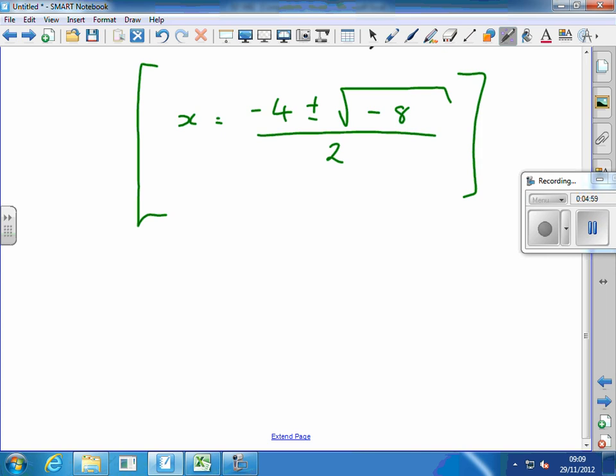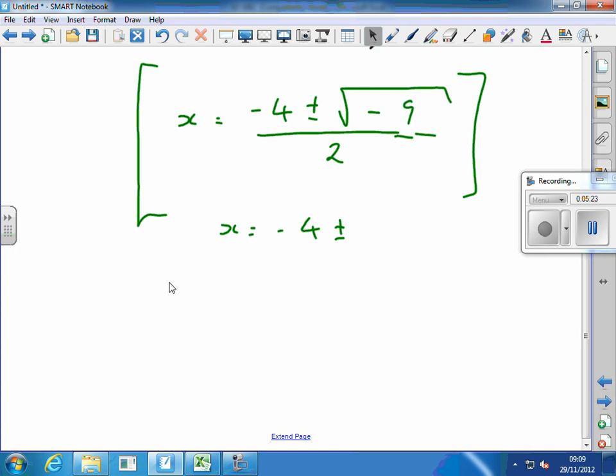And so we can say x equals minus 4 plus or minus, actually let's make it a little bit more straightforward. Let's use one that's easy to root, minus 9.